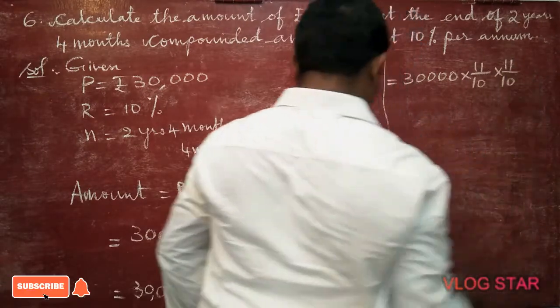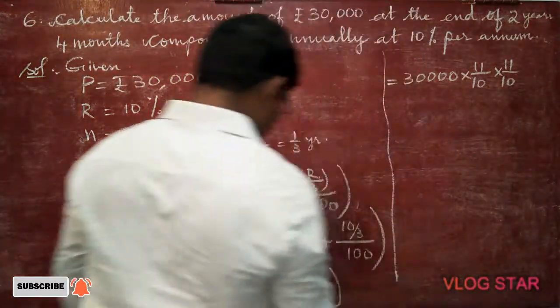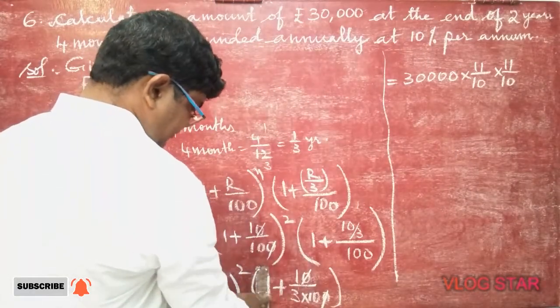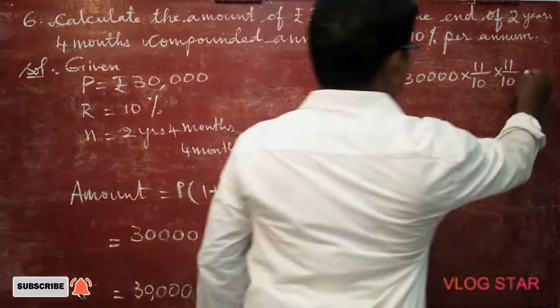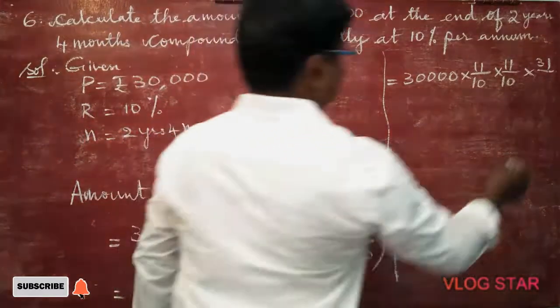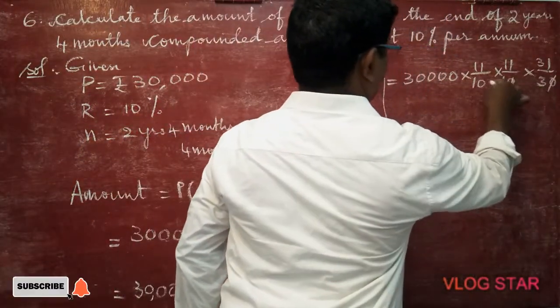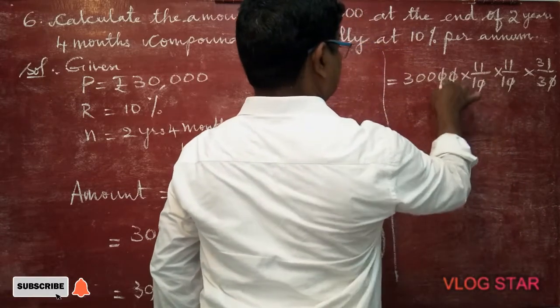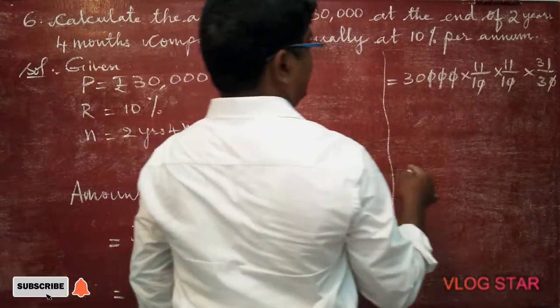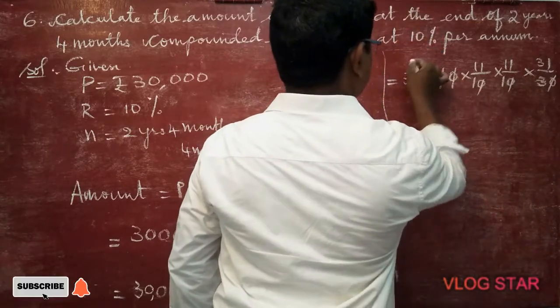Here 3 tens are 30, 30 plus 1 is 31, into 31 by 30. 3 goes here 10 times.